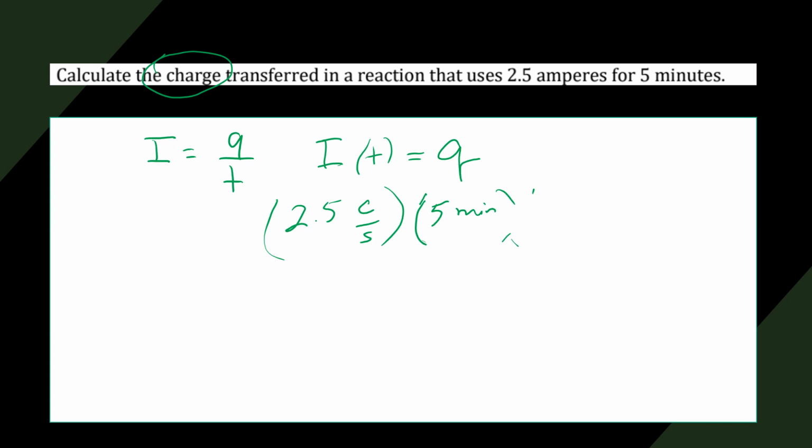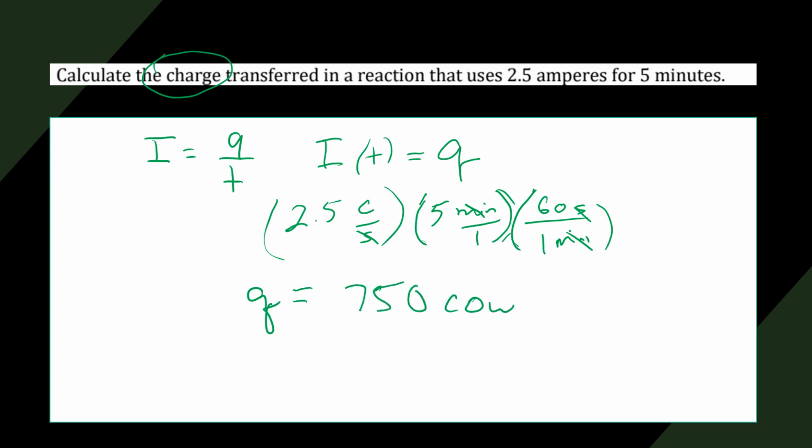Convert that to seconds: 60 seconds per 1 minute. So now my minutes cancel out, so do my seconds. I'll end up with coulombs for this. So it's going to be approximately 750 coulombs.